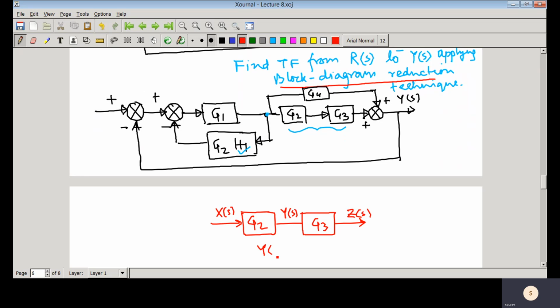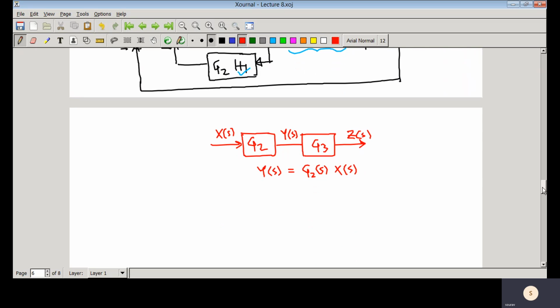Then Ys equals G2s into Xs, then Zs equals G3s into Ys. So if you replace this Ys here, then what will you get? That is G3s into G2s into Xs.